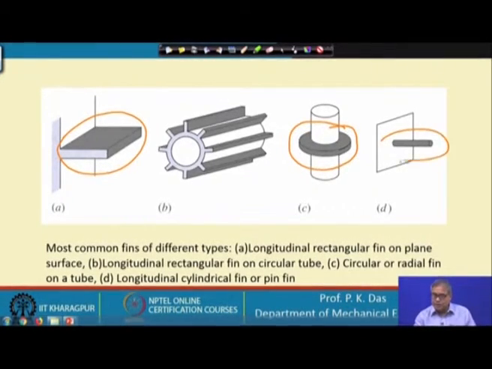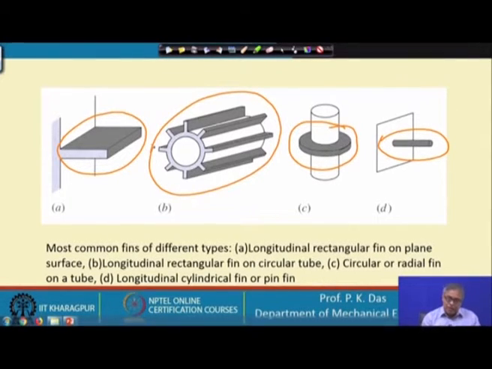In case of pin fin, only one fin has been shown. But in rarely any practical application is a single fin used. So, basically we use a fin surface as we have shown in this case, but in all the other cases, for clarity, for understanding, we have shown only one typical fin. In actual practice there will be a large number of fins on the surface.